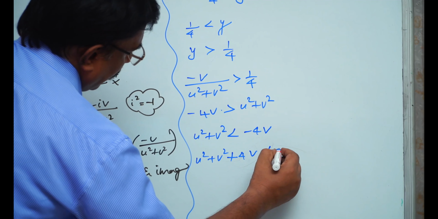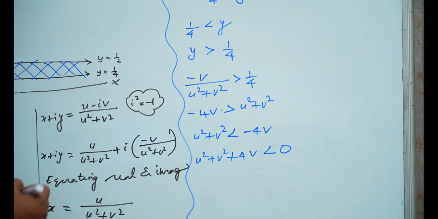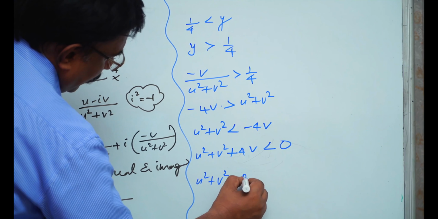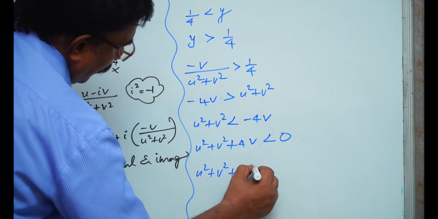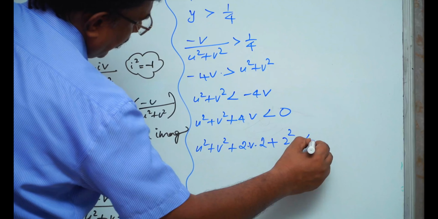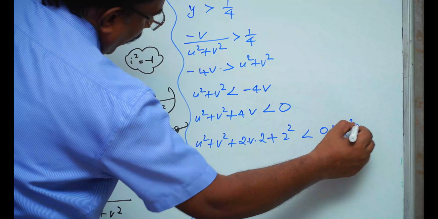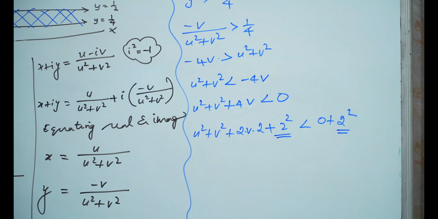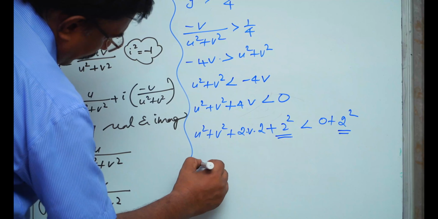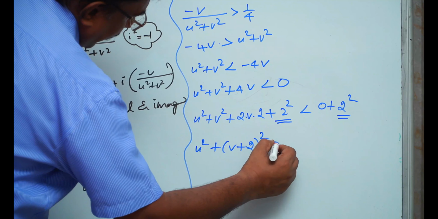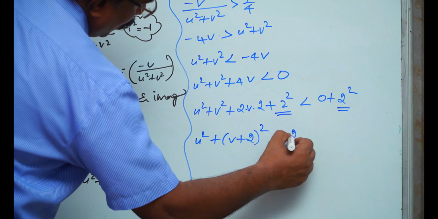u² + v² + 2·v·2 + 2² < 0 + 2². I am adding 2² on both sides to get a perfect square. Listen, you can understand: u² + (v + 2)² < 2².